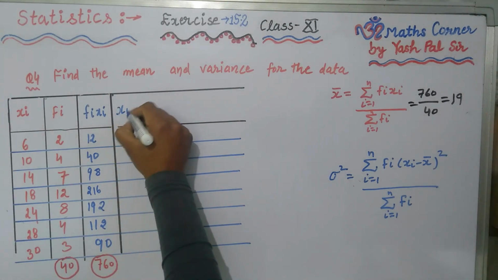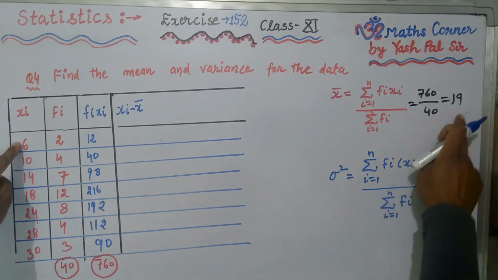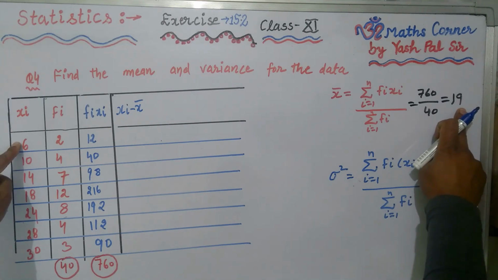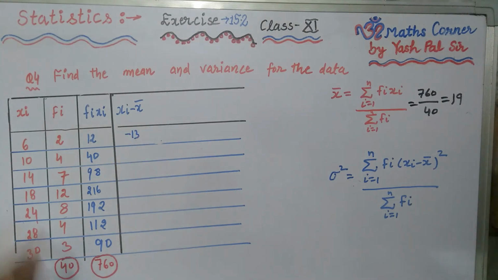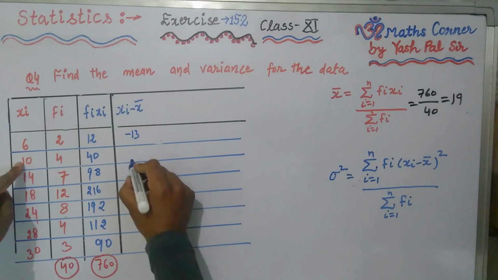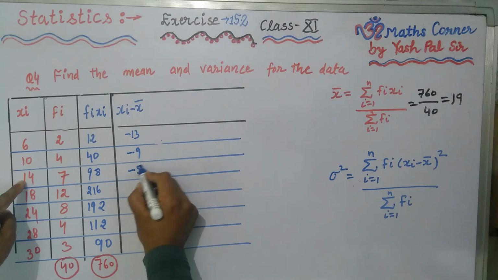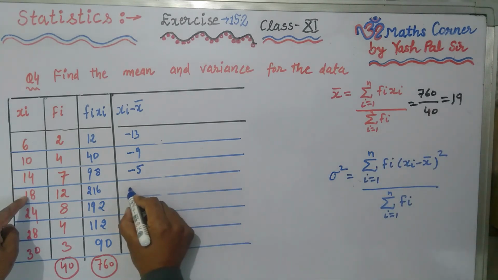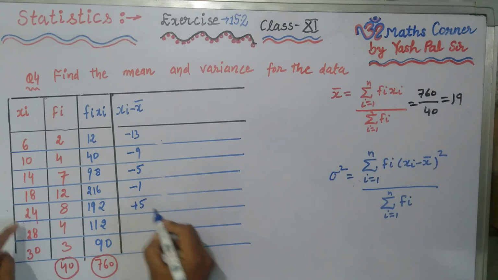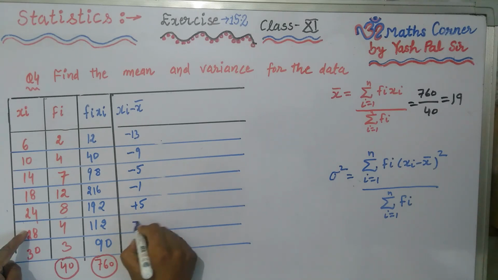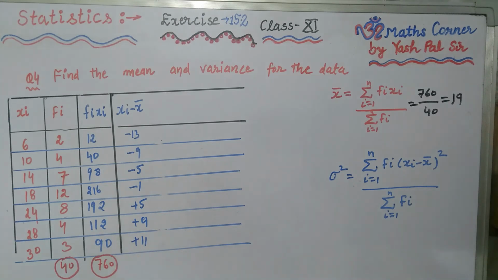Xi minus x bar: 6 minus 19 is minus 13. Similarly, 10 minus 19 is minus 9, 14 minus 19 is minus 5, 18 minus 19 is minus 1, 24 minus 19 is plus 5, 28 minus 19 is plus 9, 30 minus 19 is plus 11, right?